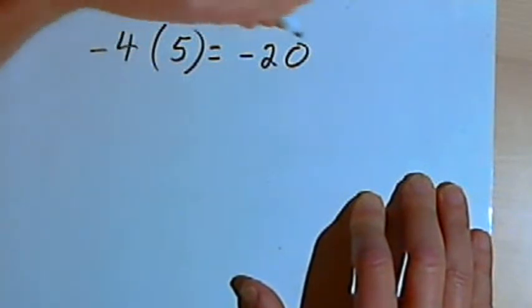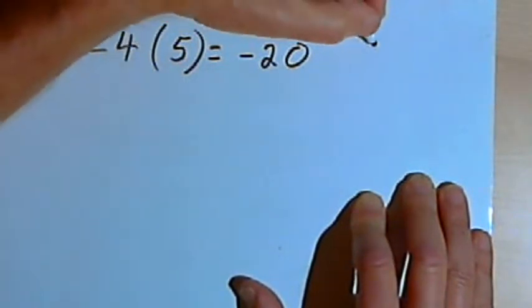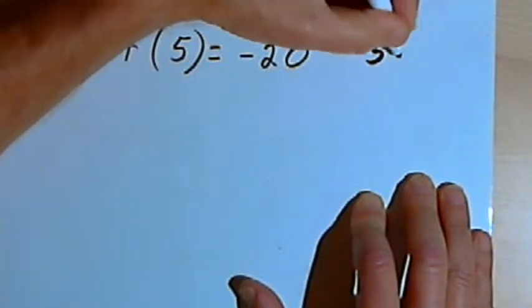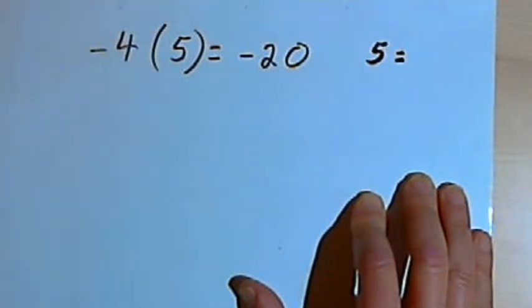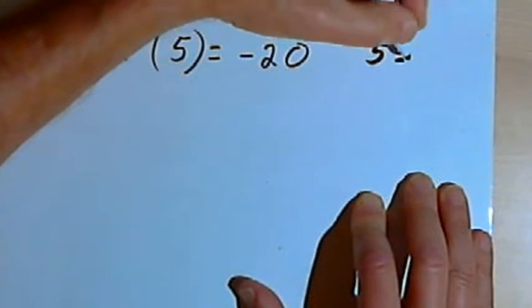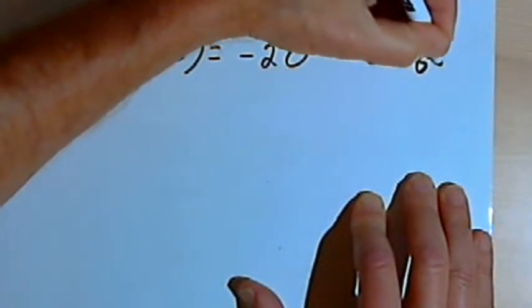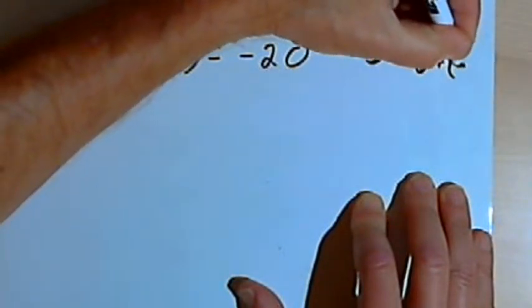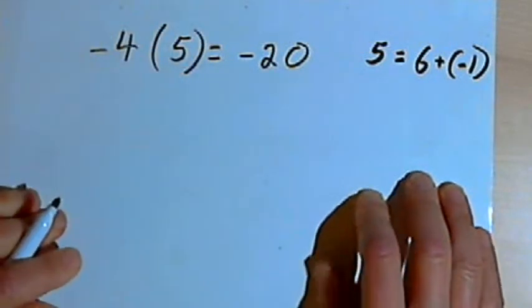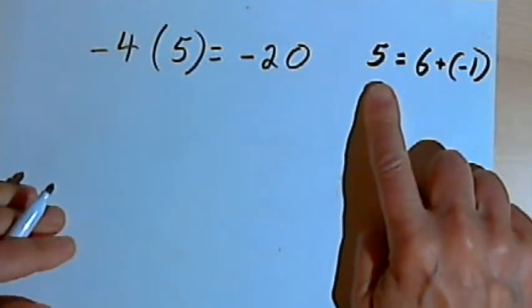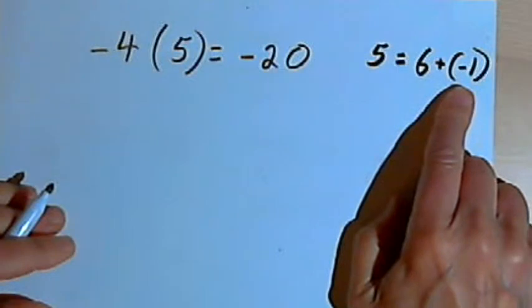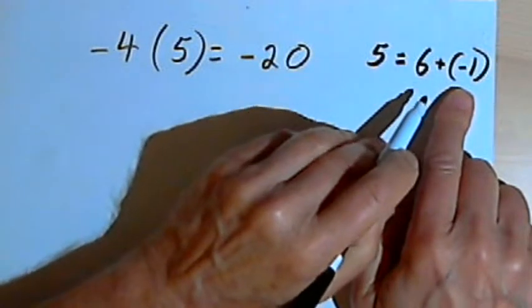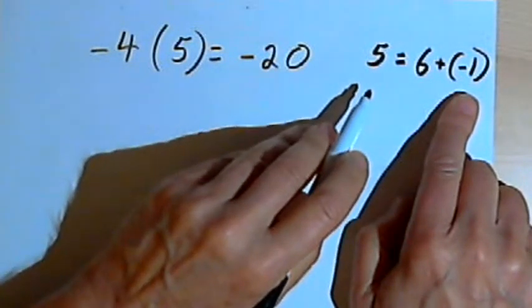So remember that 5, we just need this fact over here, 5 could be thought of as 6 plus negative 1. Okay, we know what happens when we add a positive and a negative number together, and in the case of 6 plus negative 1, we would get a 5.